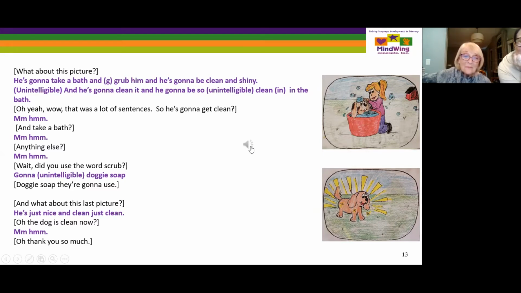Oh, anything else? Wait, did you use the word scrub? Oh, doggy soap they're gonna use. And what is this last picture? Oh, the dog is clean now? Oh, thank you so much, boy.